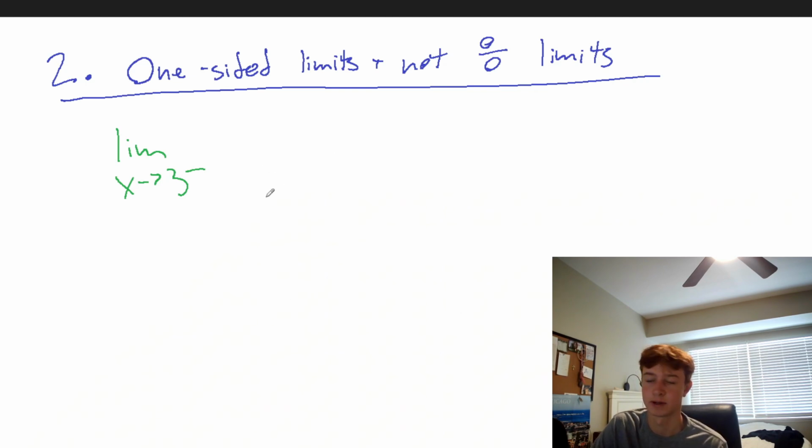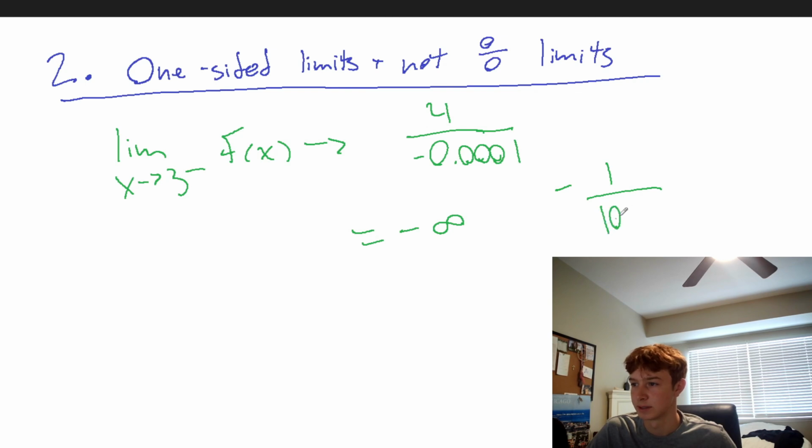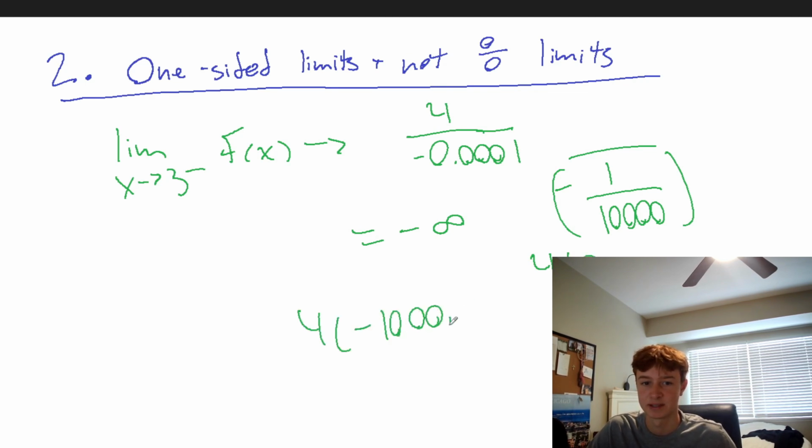For example, if you had a limit as x approaches 3 of some function, and the output was 4 over -0.0001, this would be equal to negative infinity, because this is the same as 4 times negative 10,000.